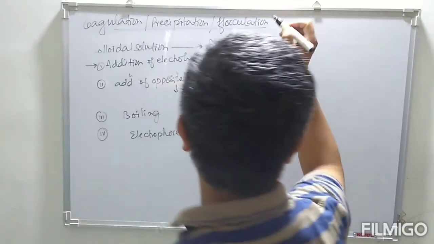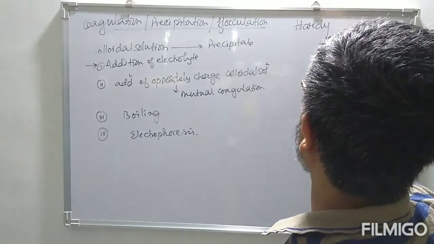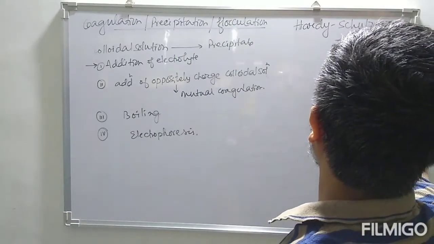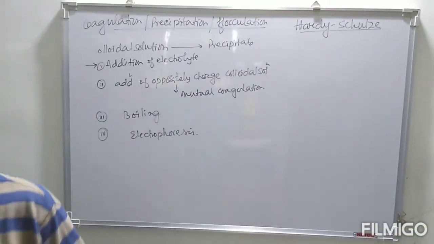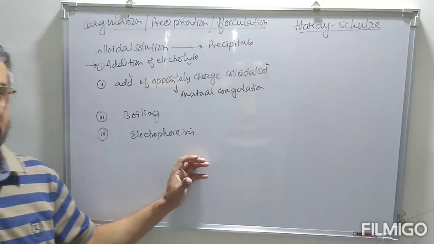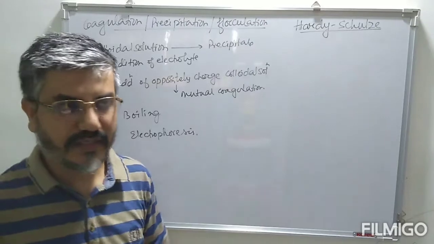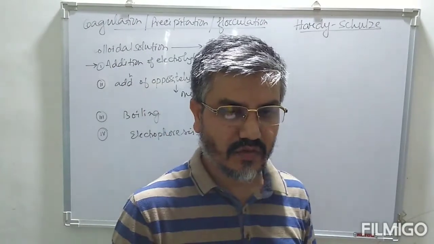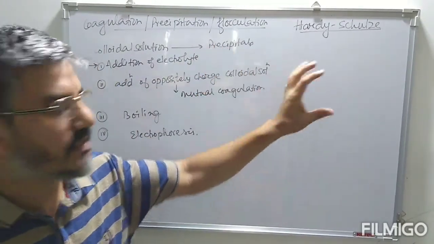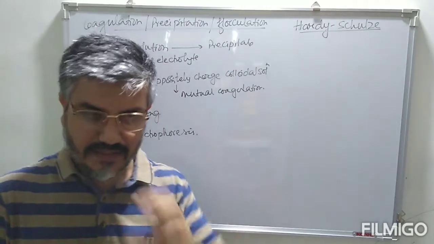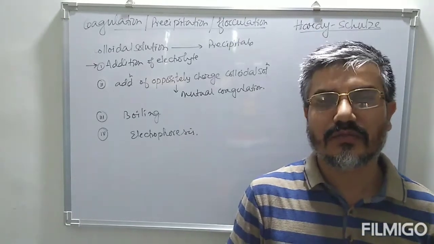So based on this, we have a rule which is known as the Hardy-Schulze rule. The Hardy-Schulze rule says coagulation of a colloidal solution can be achieved by an electrolyte whose charge is opposite to the charge of the colloidal particle.